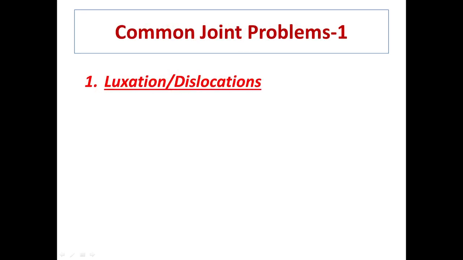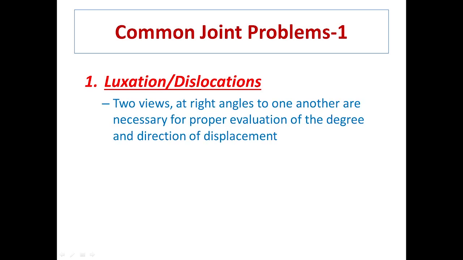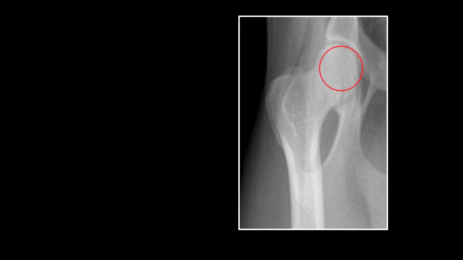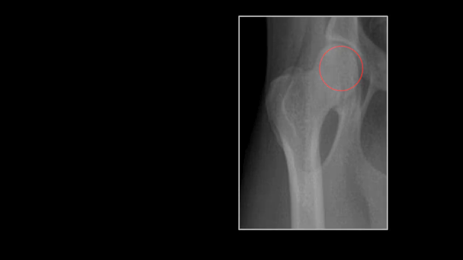First one is luxation or dislocation. Always remember, you have to take two views at right angles, which are very necessary for proper evaluation of the degree and direction of displacement. Here in this radiograph, you can see the hip joint. This one is the head of the femur, and that articulates with the acetabulum, and this is a normal joint.